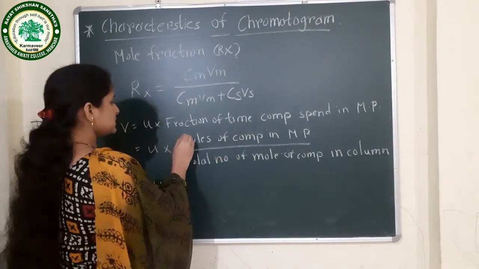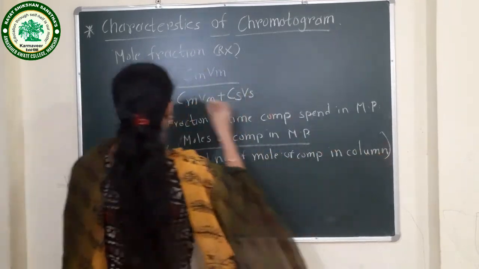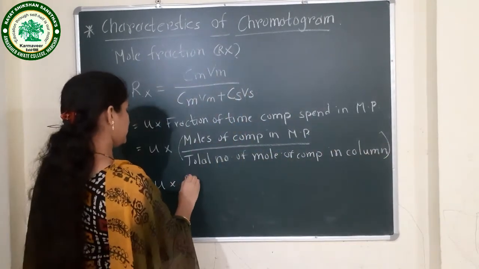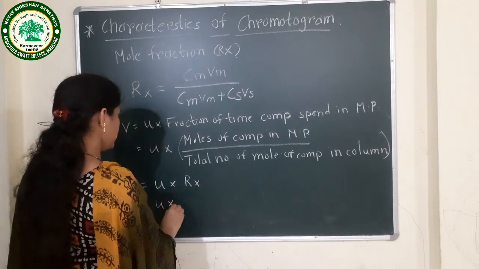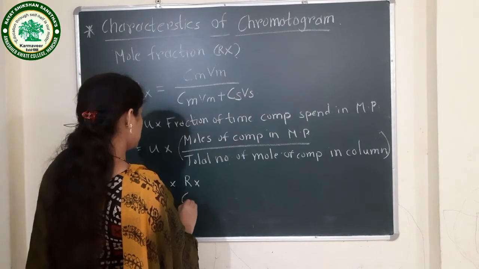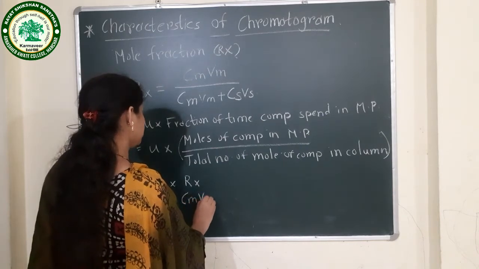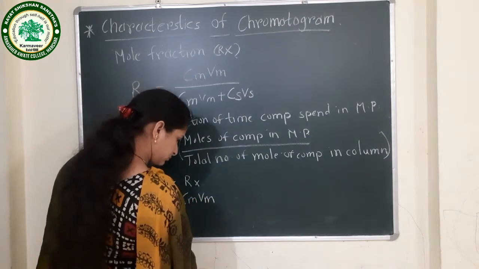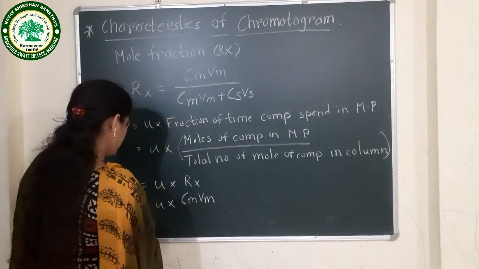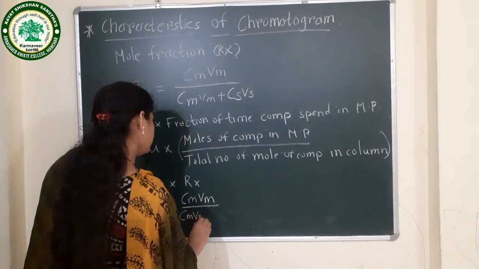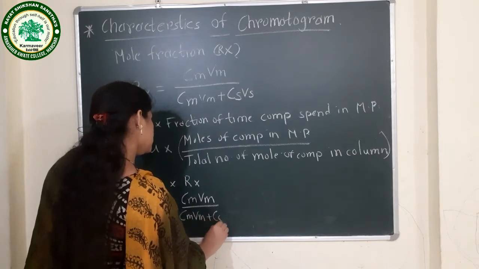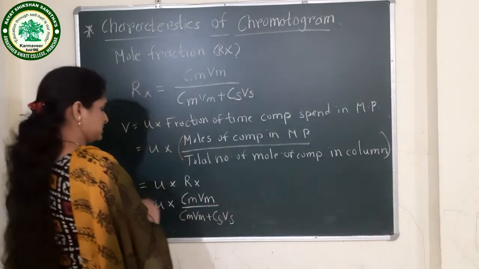Means this is the Rx term. Okay. So we can put this term as V is equal to U into CMVM upon CMVM plus CS Vs. Okay.